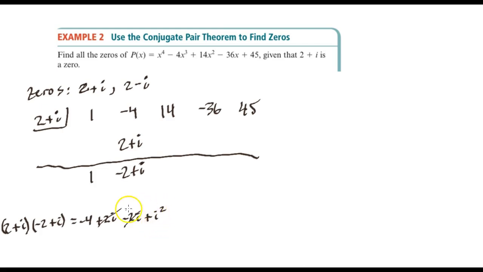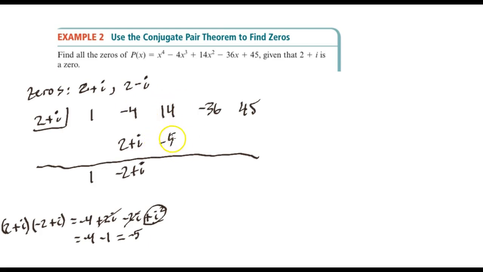That's equal to negative 1. So negative 2 times negative 1 is positive 2, and that gives us 2 minus 4i.